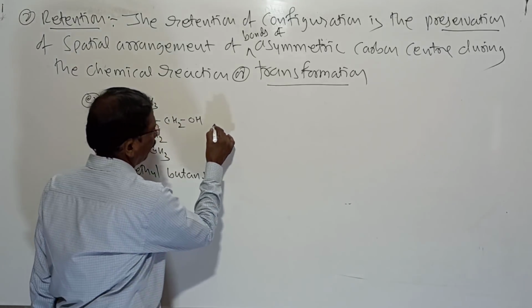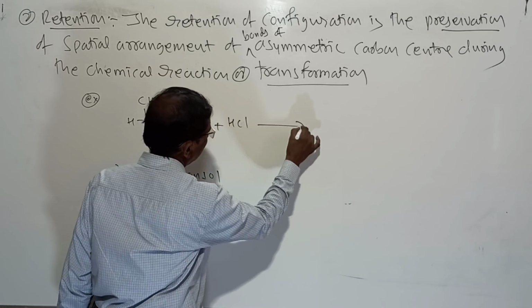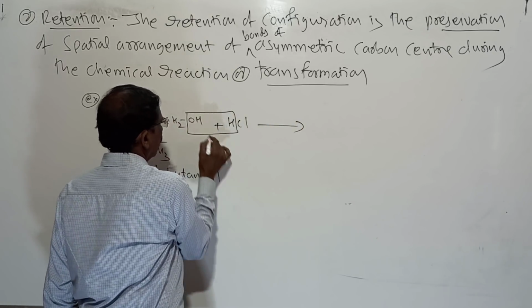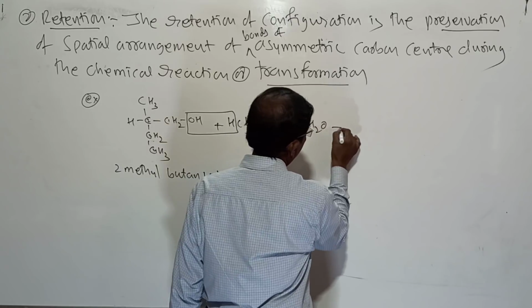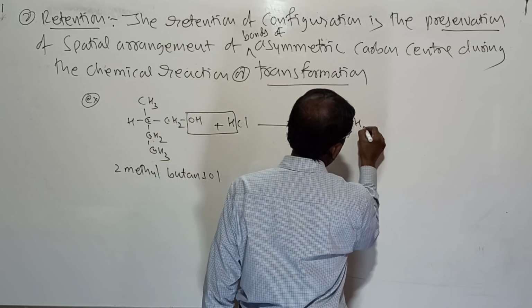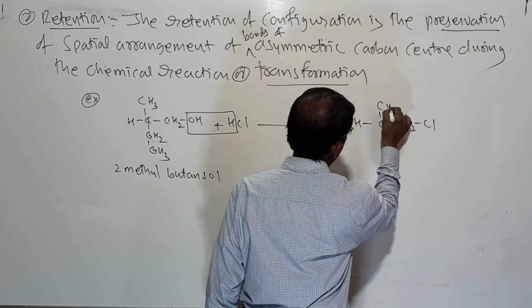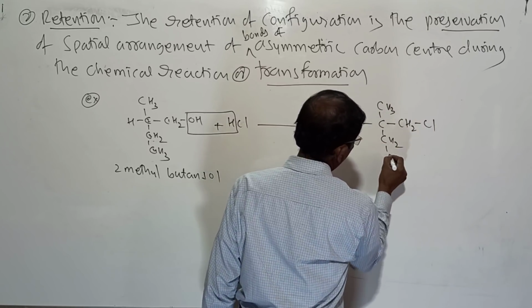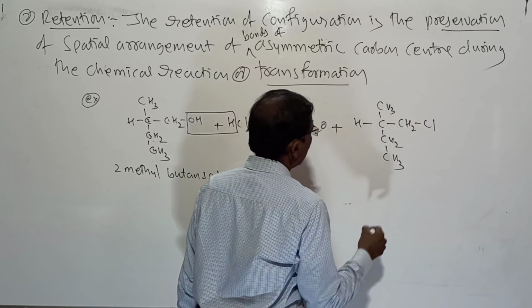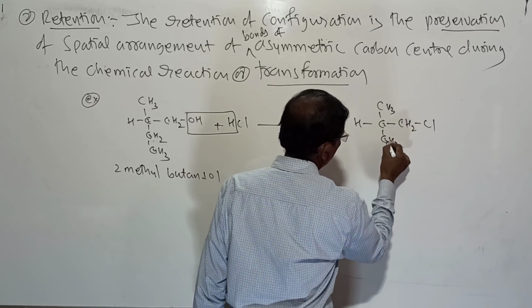When it is treated with hydrochloric acid, it forms H2O plus ClCH2, C, CH2CH3, CH3.